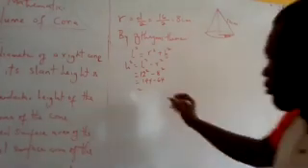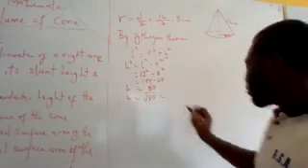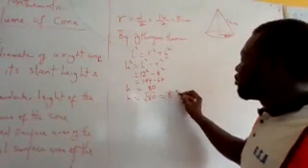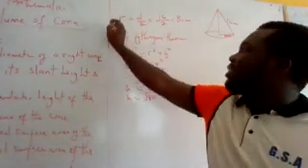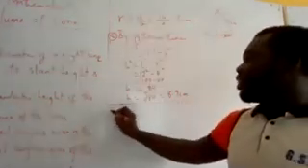That means H is equal to the square root of 80, which is 8.9 centimeters to 1 decimal place. So we've obtained the answer for the first one, which is the vertical height.